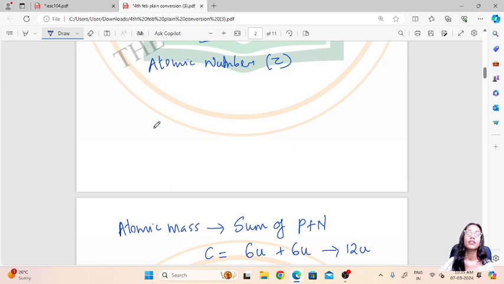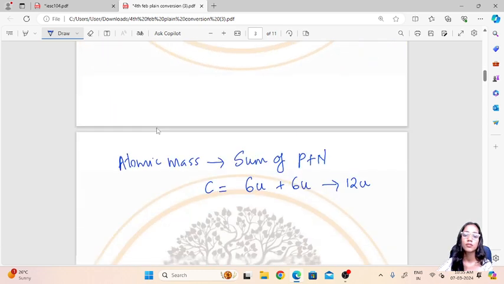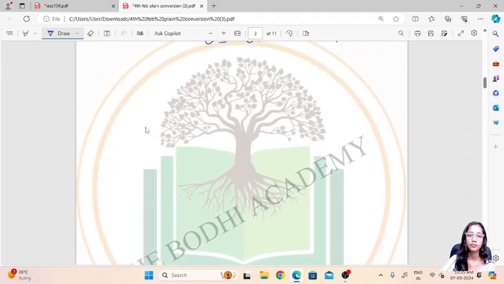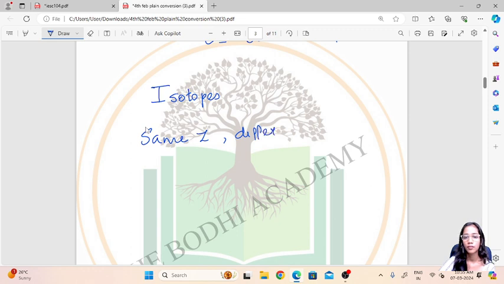See, we know that protons... mass number is given by the letter M. They have the same atomic number. We know that atomic number is given by protons and mass number is given by protons plus neutrons, right?